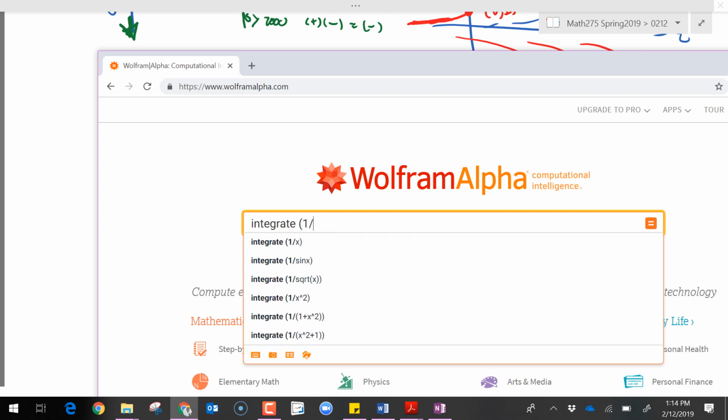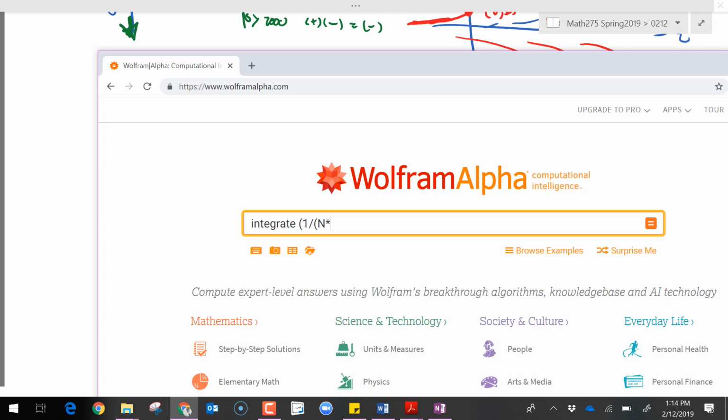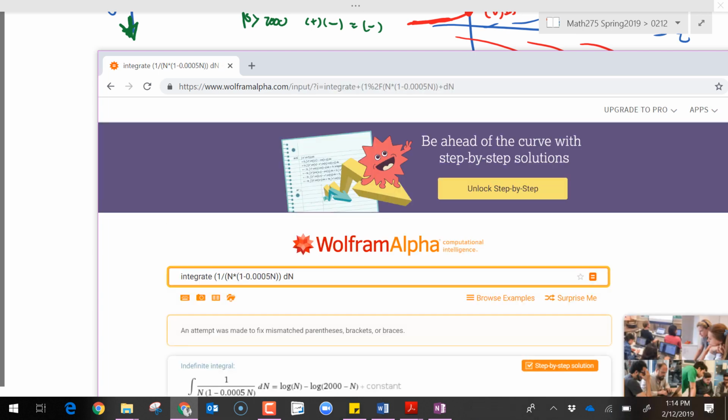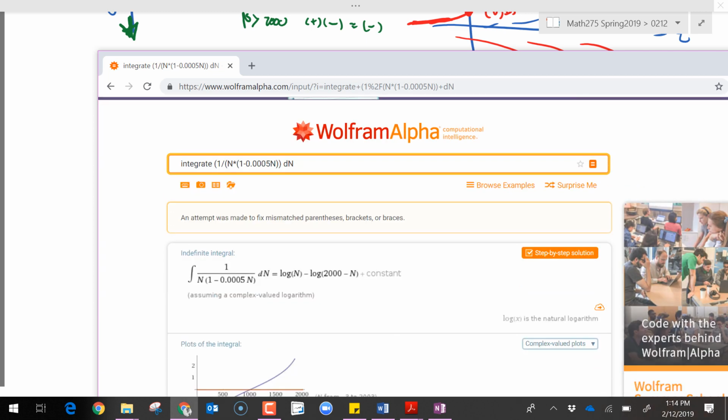So we're going to integrate 1 divided by n times (2000 minus n).